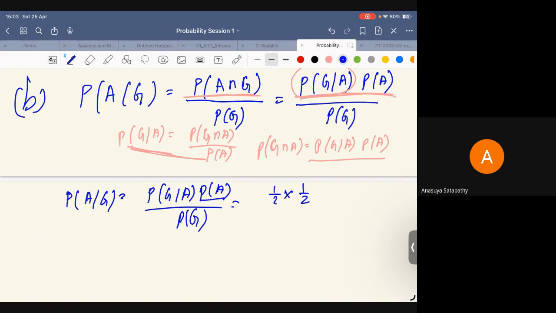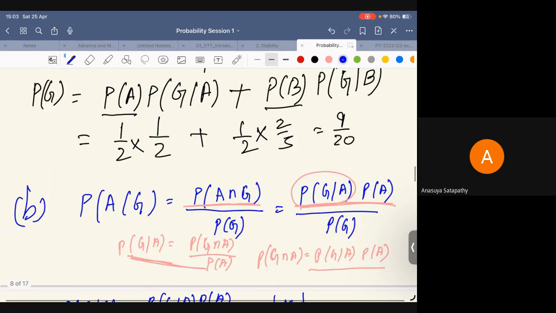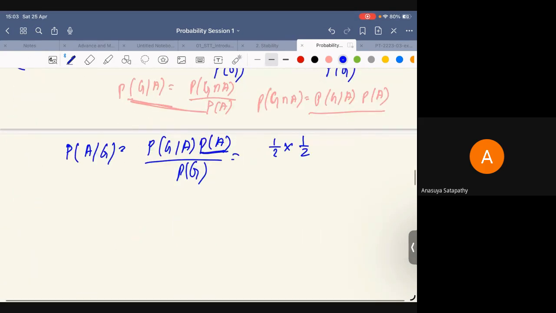Probability of selecting urn A is 1 by 2, which you have already done here. And the probability of getting a green ball from urn A is 1 by 2. And what is the total probability of the green ball, from both?